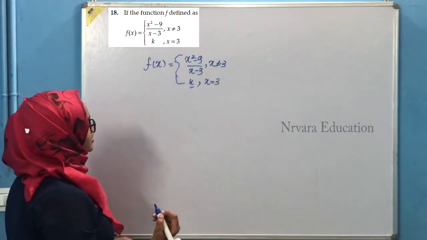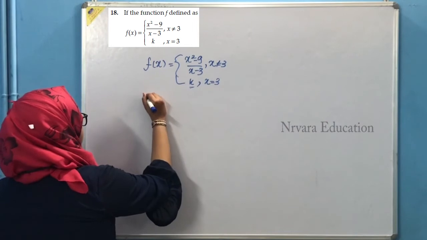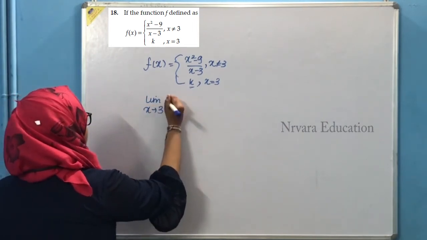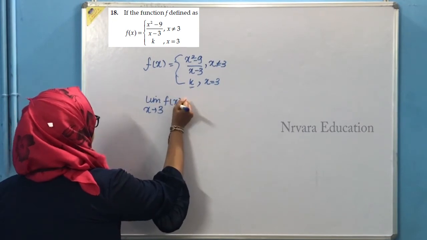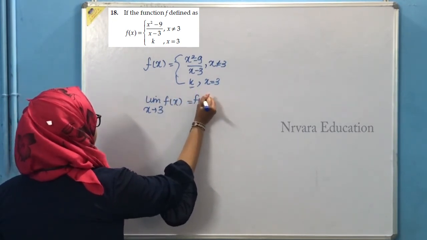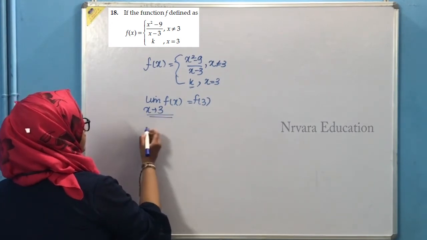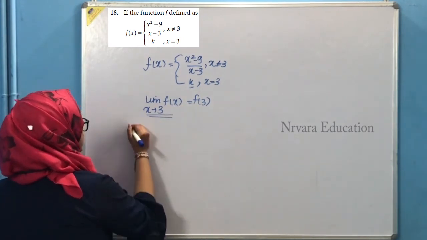Now if a function is continuous, we do know that limit x tends to 3 f of x will be equal to f of 3. Now we are supposed to find this value, limit x tends to 3 f of x.